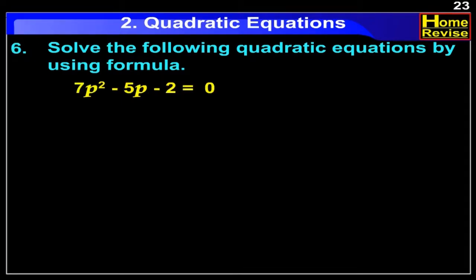7p² - 5p - 2 = 0. Solution. The given quadratic equation is 7p² - 5p - 2 = 0.